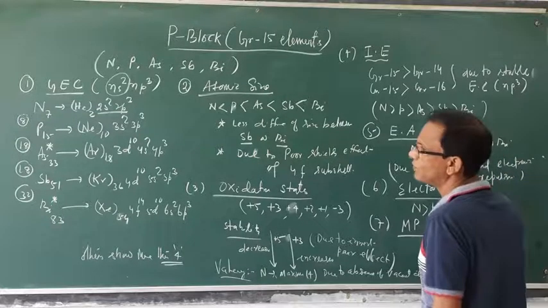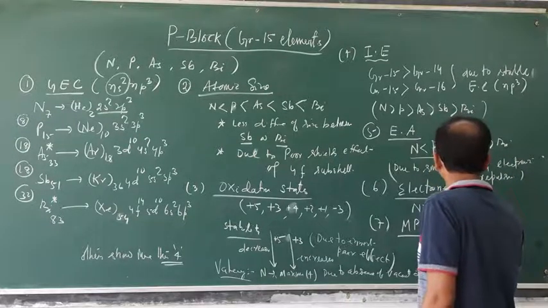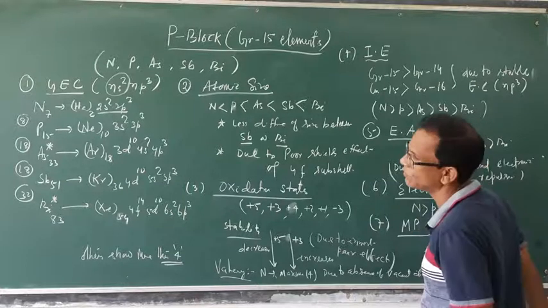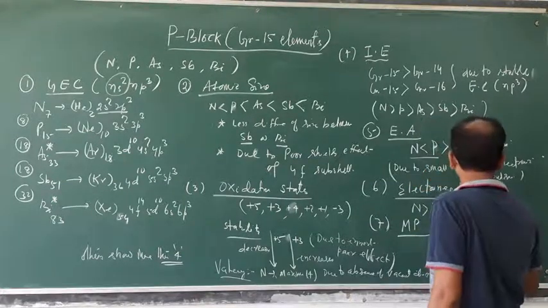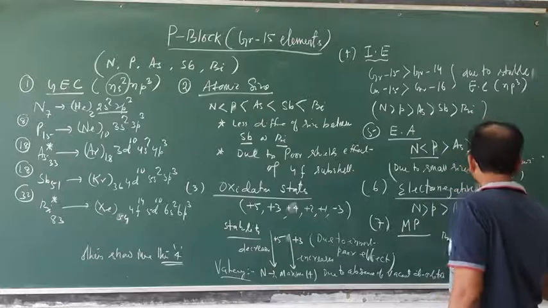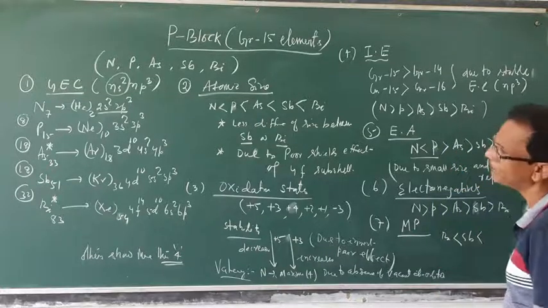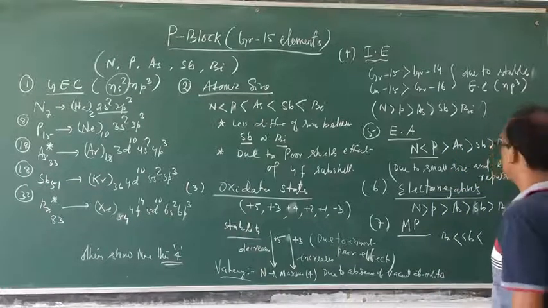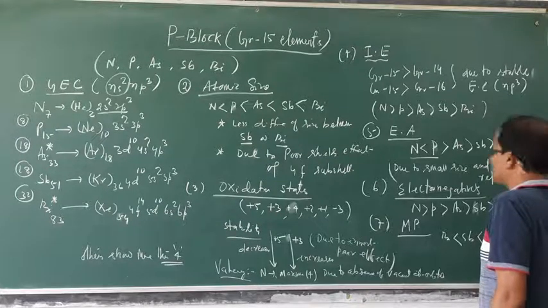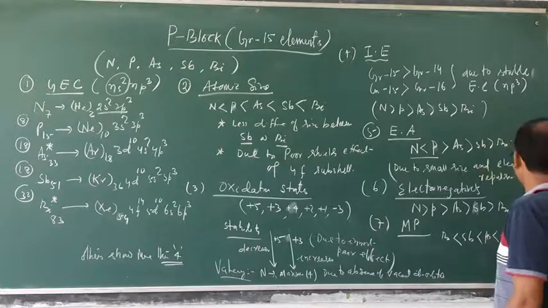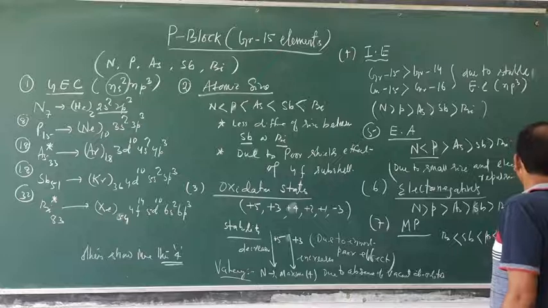So which will come first? Bismuth less than antimony. Then arsenic, then phosphorus, then nitrogen.